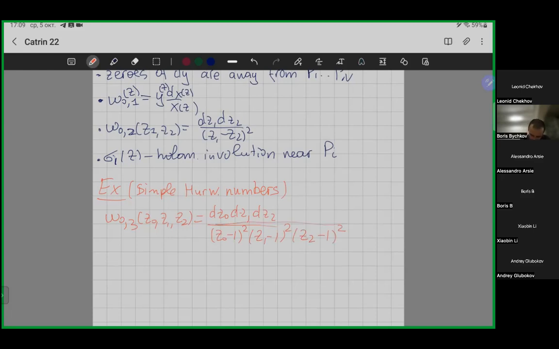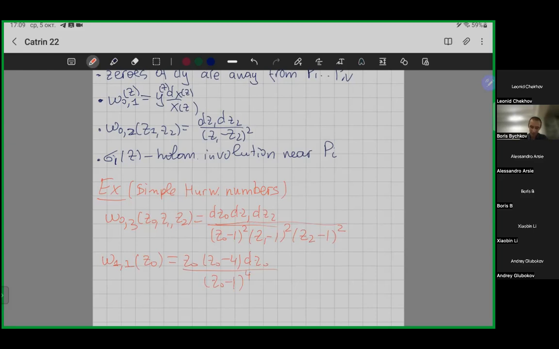For example, omega 1,1 of z is, I hope I'm right. But what is important here?